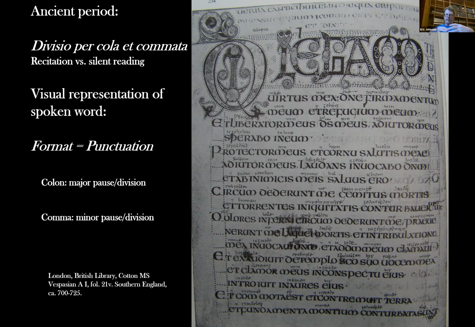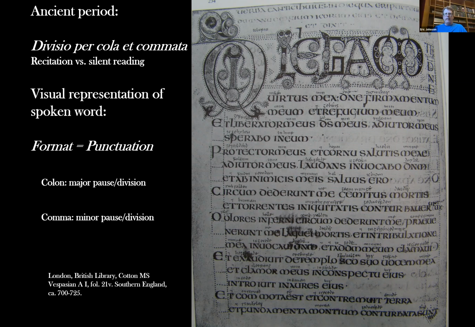And the way that per cola et commata rendered this on the page was to begin each new colon statement all the way to the left of the line. And then it continued through however many subsidiary clauses there might be within that colon by indenting those subsidiary clauses until the colon statement was finished, at which point a new colon statement would begin with the initial all the way to the left.